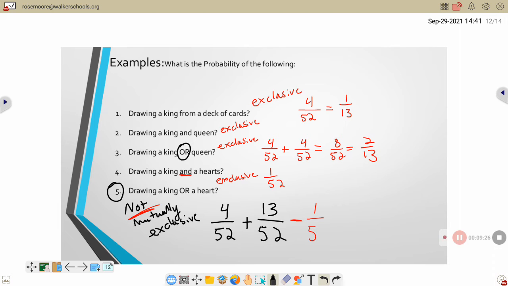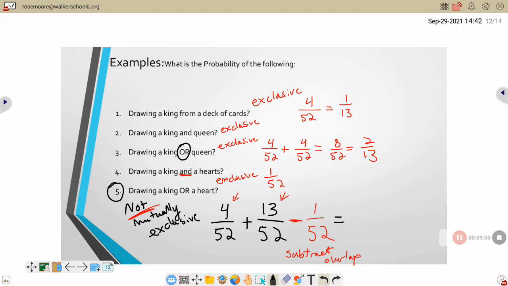If we don't subtract him from our problem, okay, you've counted him once in our 4 kings and once in our hearts, and we don't want to count him twice, we only want to count him once. So we need to subtract the overlap, and that's the key here. Okay, we're going to subtract the overlap.